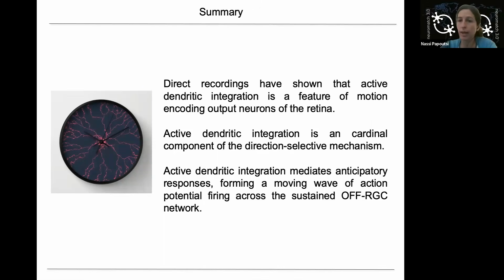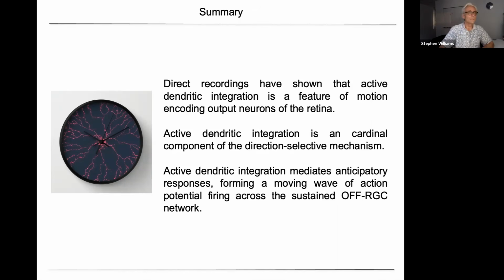That's really relevant to another question I had, which is how compartmentalized are these cells? They are pretty compartmentalized. Sorry, I took that slide out. Their dendrosomatic attenuation is very severe.